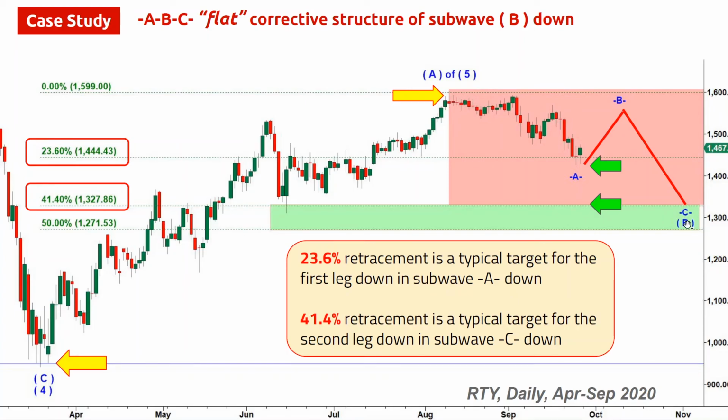And when you look for a potential target for the second leg down in any ABC corrective structure that follows a strong rally, you always look first at the 41.4% retracement of that completed rally and the 50% retracement. This is why you can see I put here that green target box.